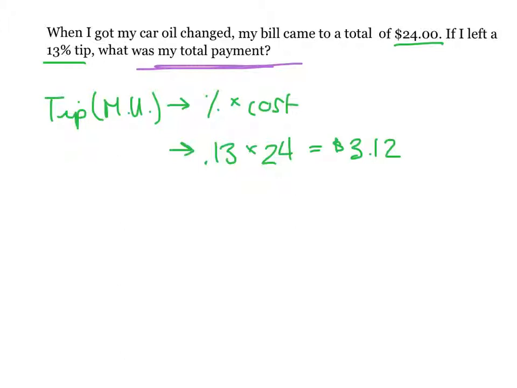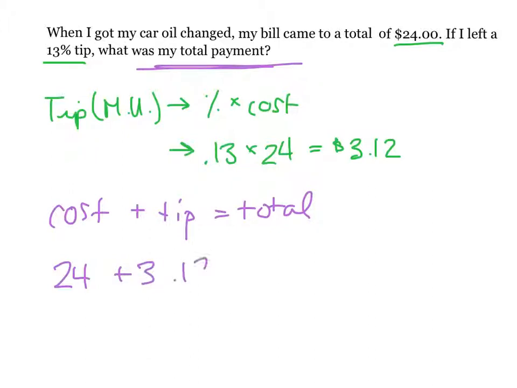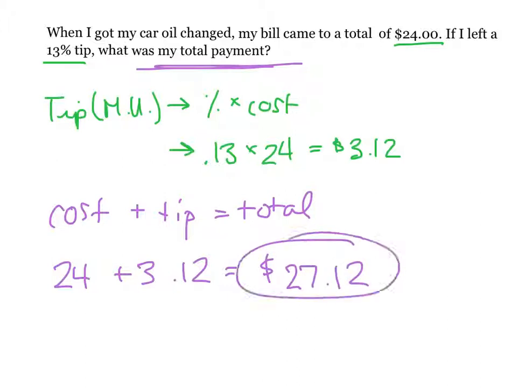So we take initial cost, we add on our tip, and that will give us our total. So we take $24 plus $3.12 tip, and our total bill that we paid was $27.12.